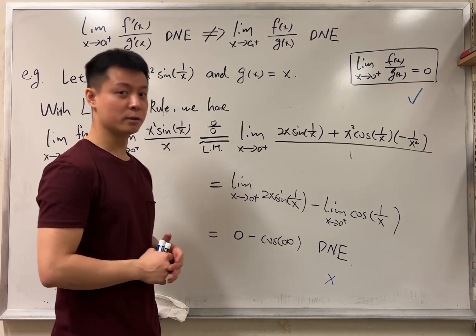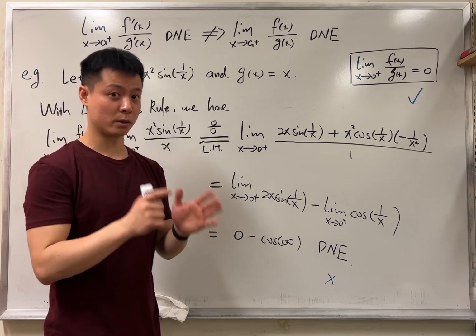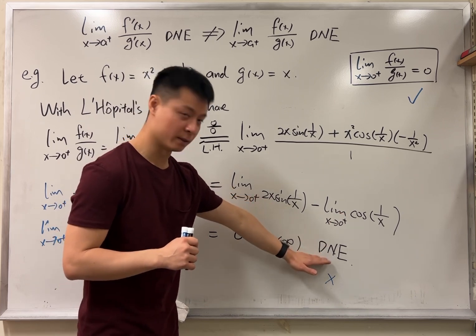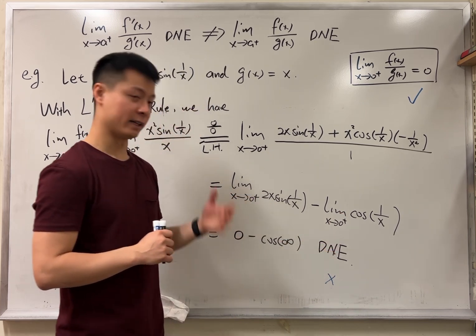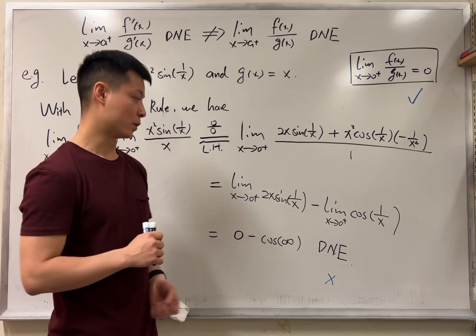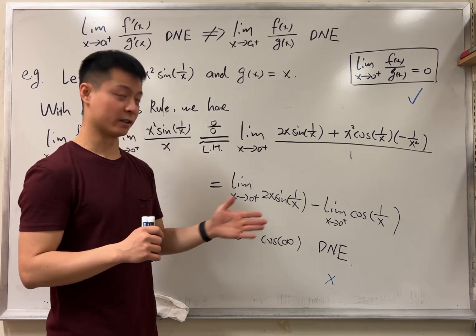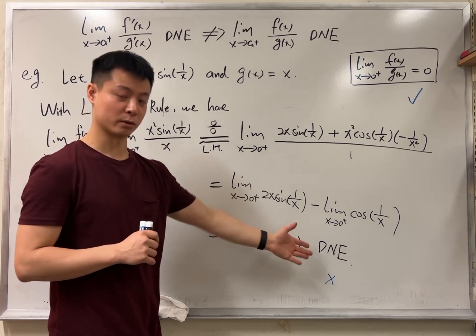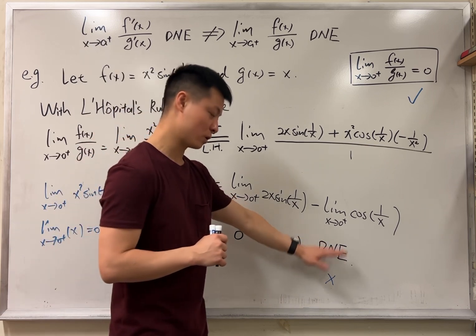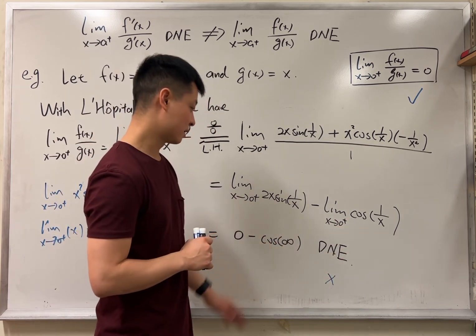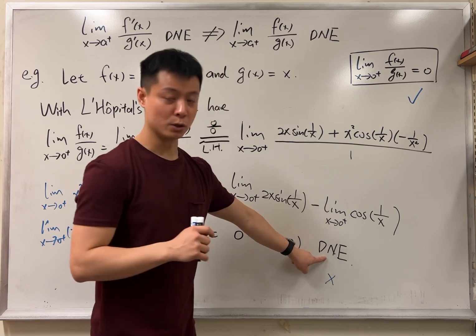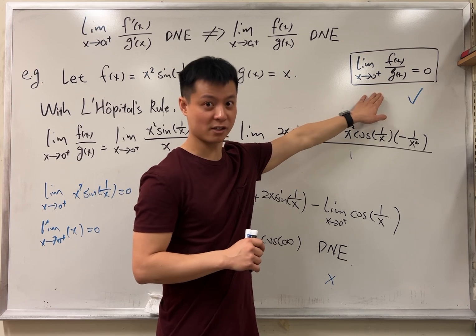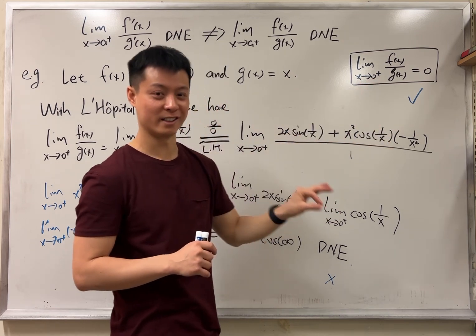L'Hopital's rule is valid only when the final limit you get is an existing limit. It works if the limit is a finite number, or if the limit is positive or negative infinity, it works totally fine. But not in this situation where the limit does not exist. Which means even if this does not exist, you cannot say anything about this limit. Indeed, this limit exists and equals 0, as we have calculated before.